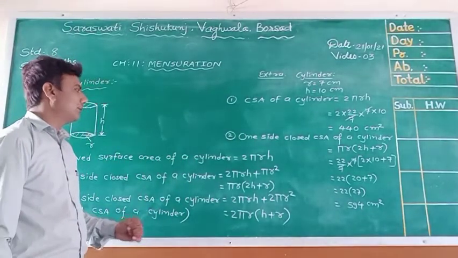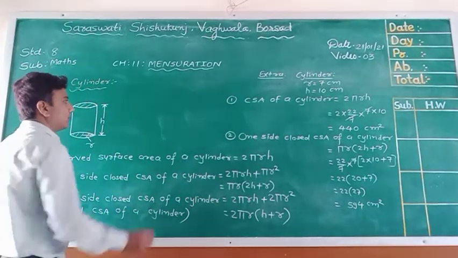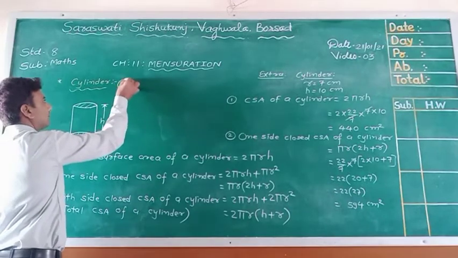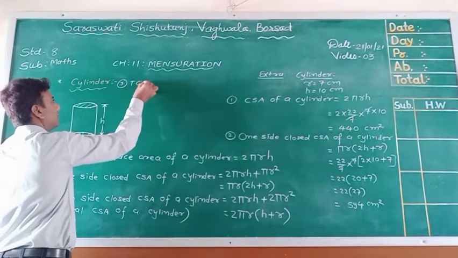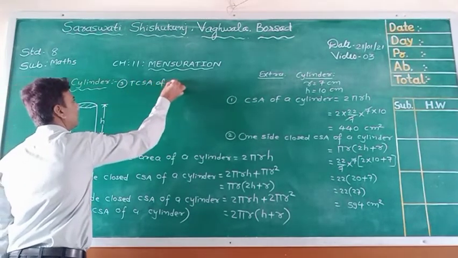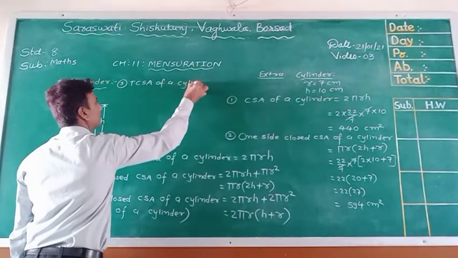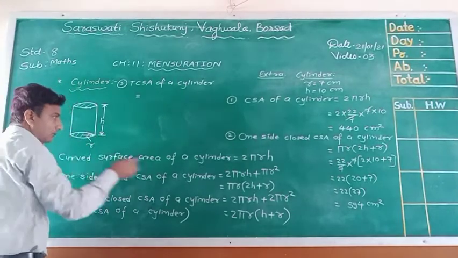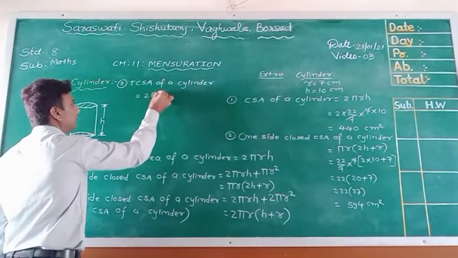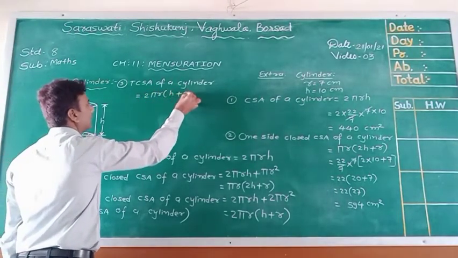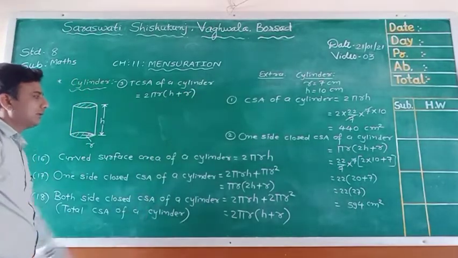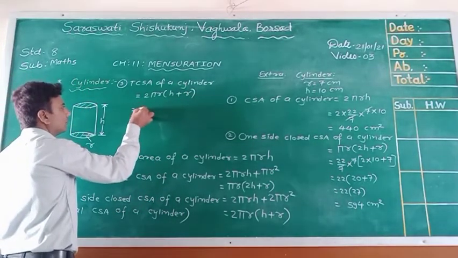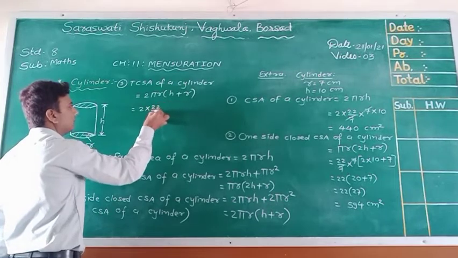Now we want to find the total curved surface area of the cylinder. See this. Total curved surface area of a cylinder, so this formula: 2 pi r in bracket h plus r. Is it clear? Now 2 pi is 22 by 7.